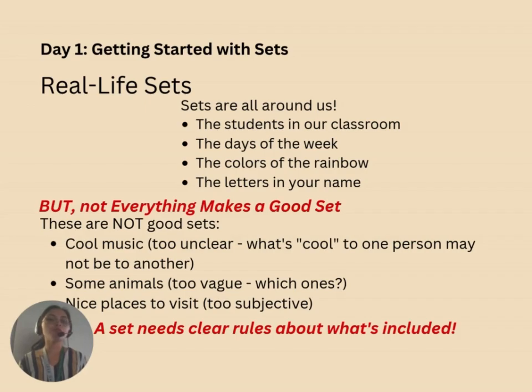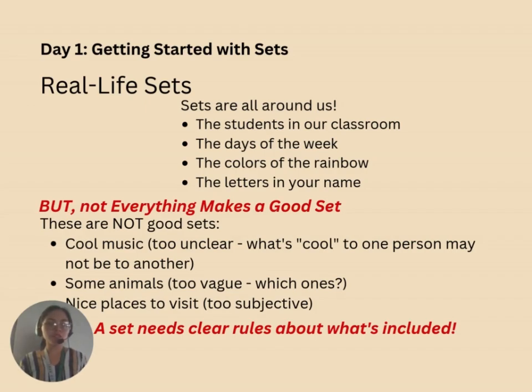First is cool music. From the word cool, what's cool? It's too unclear. Maybe from one person's perspective your music is not cool, and based on your perception, that is cool. That's why it's very confusing, so this is not a good set. Next is some animals. The word some, so the question is which ones? Again, this is confusing.